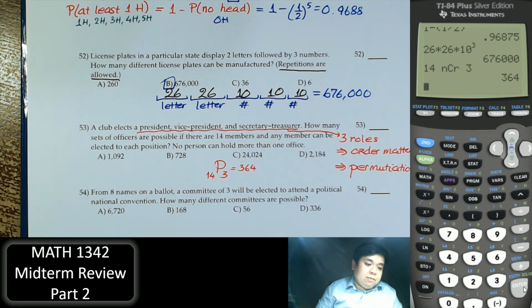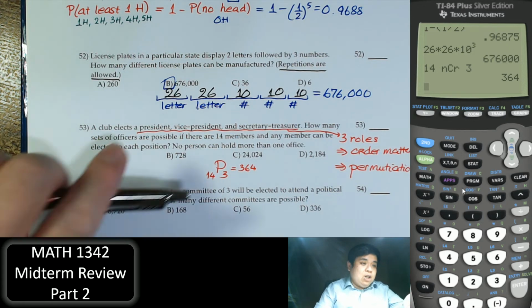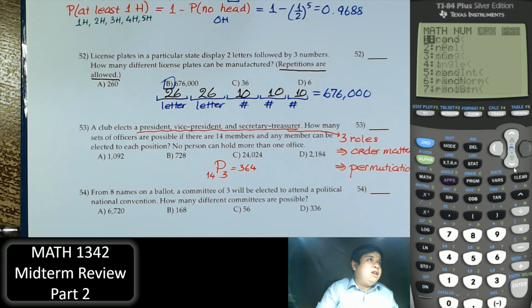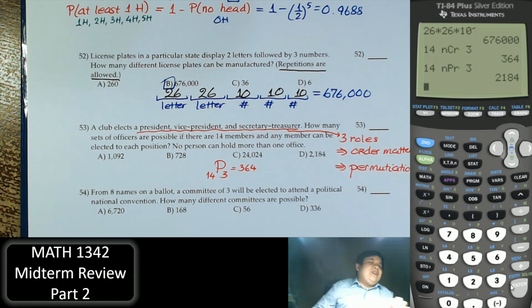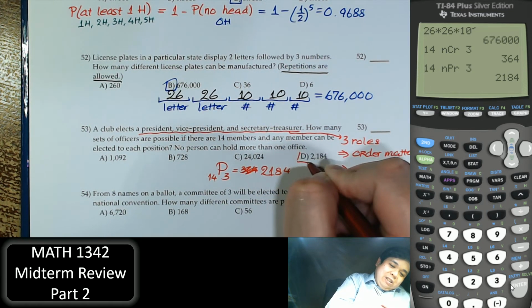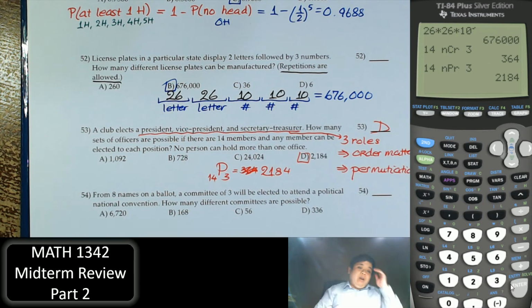Of course, the reason we chose the wrong number is that we should use permutation, right? 14, math, permutation, number 3. Alright, sorry. 2184. Right, order matters, then we use permutation.